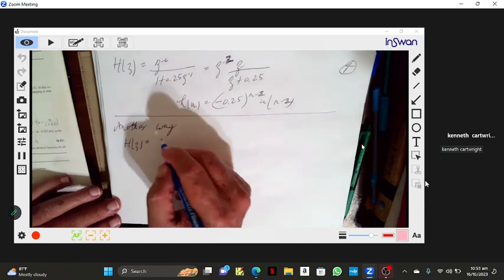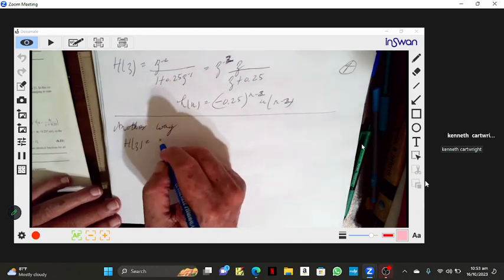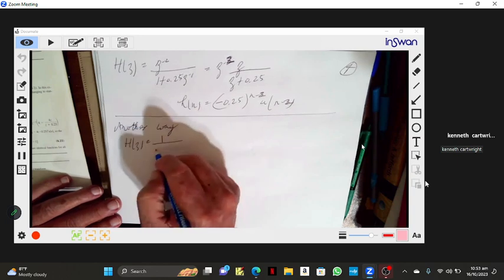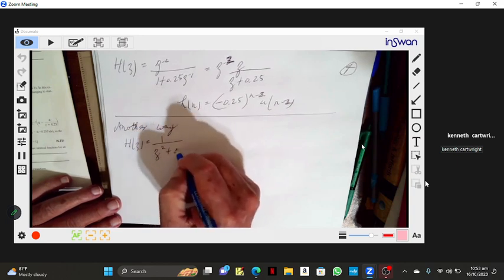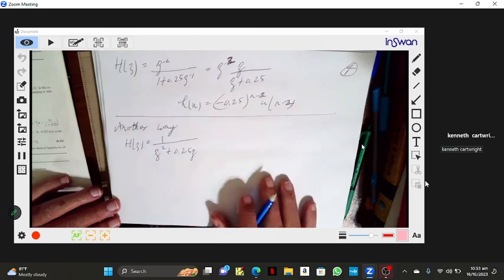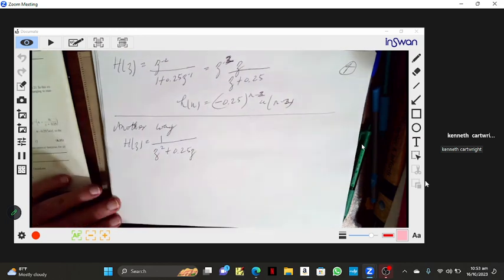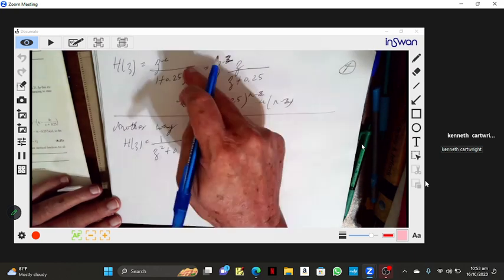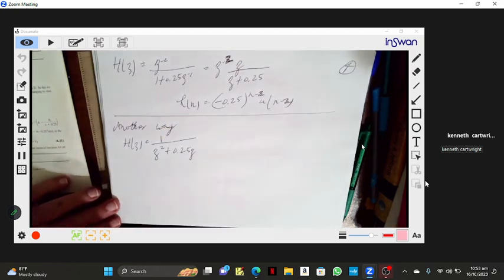Put it in standard form. So the top becomes 1. That's z squared. That's 0.25 z. Everybody see that? This is just a standard form of that, by multiplying top and bottom by z squared.